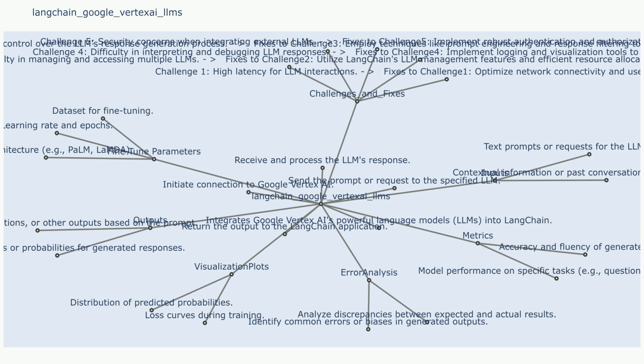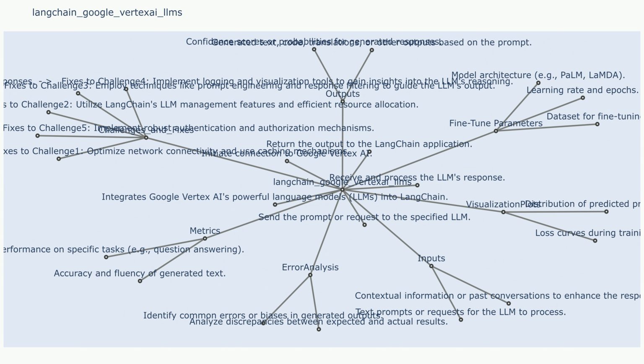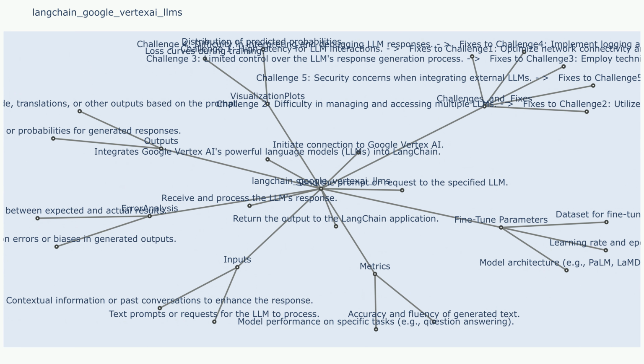Steps. Step 1: initialization: the LangChain Google Vertex AI LLM is initialized with the necessary credentials and information to access the Vertex AI service. Step 2: model selection: the user selects the desired Vertex AI model from a list of available pre-trained models or a custom model they've previously trained.